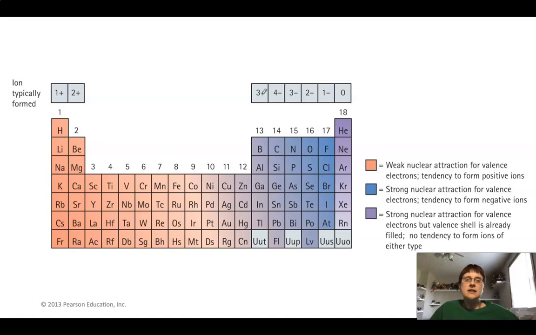We've got these guys in the middle here. They can make positive ions or -4 or -3 ions, but they tend to not do it very much. The table here says that they can have a tendency to do it, but you can see that they're in that in-between color between the orange and the blue. So they are in this in-between area. They tend not to make ions.